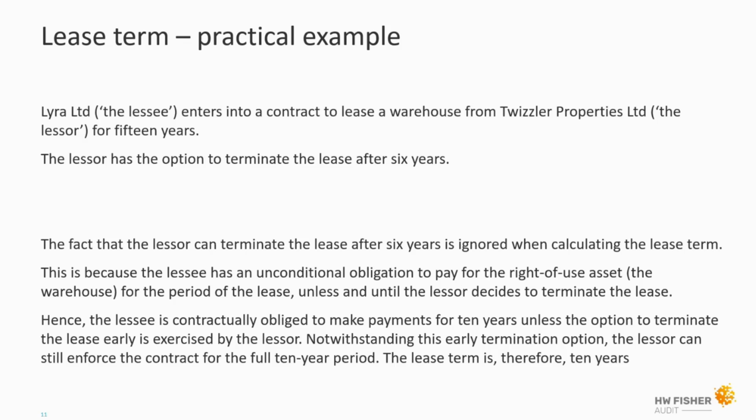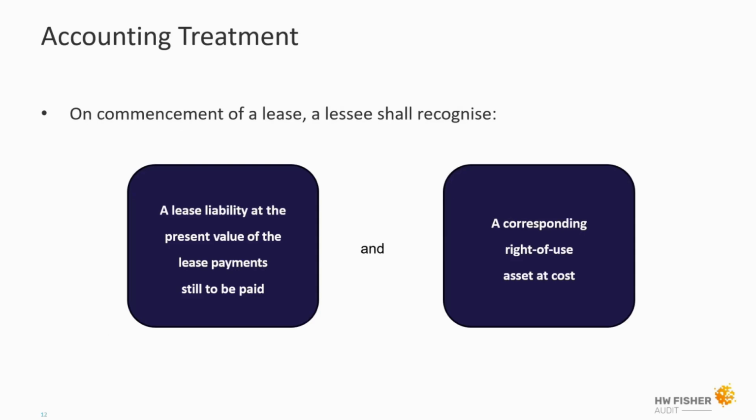So you're identifying the underlying asset in the contract, but then thinking about the lease term, and there are some of these pieces that can really impact the lease term, and that obviously has a significant effect on the balance sheet and what you bring on to reflect that.